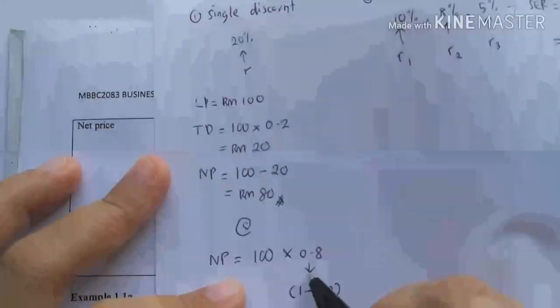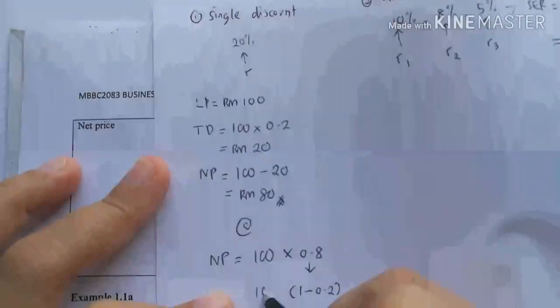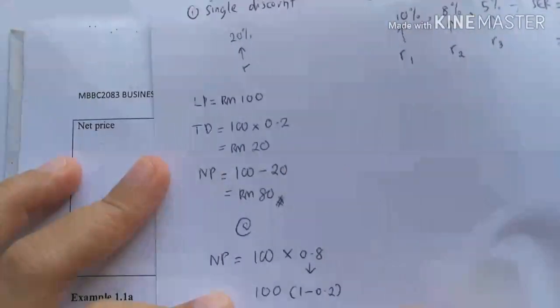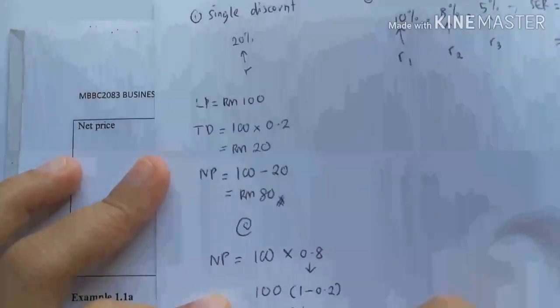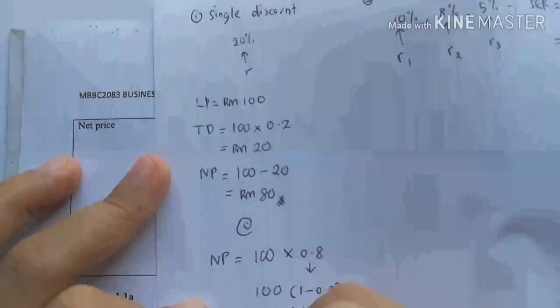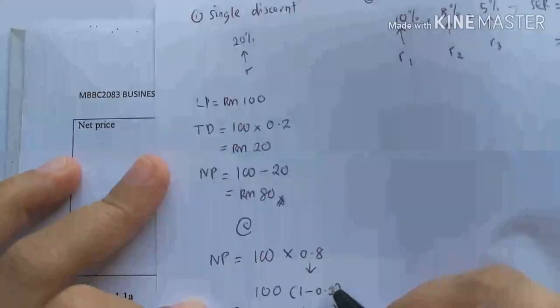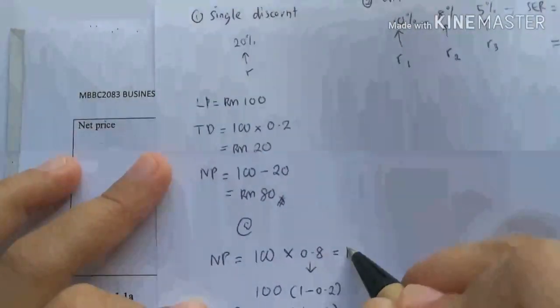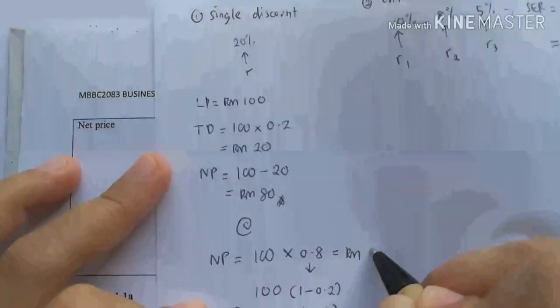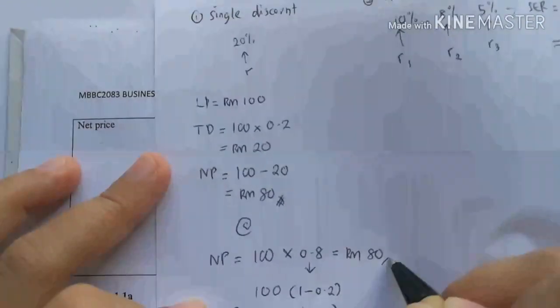So you only have to pay 80% of the original price. So this is actually LP times 1 minus R, which is the formula for the net price. And when you calculate this one, you still get the same answer, which is 80 ringgit.